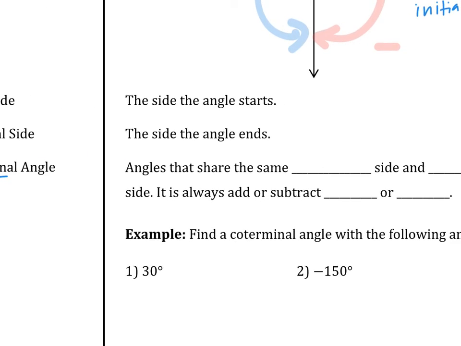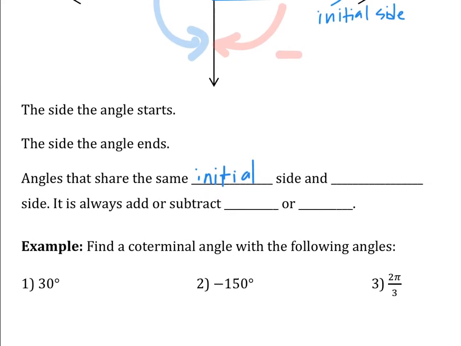So angles that share the same initial and terminal side. You always add or subtract 360 degrees.